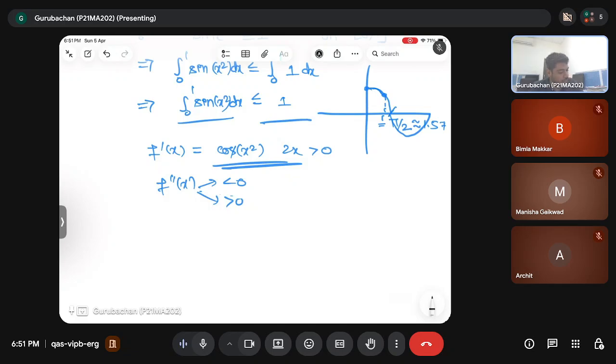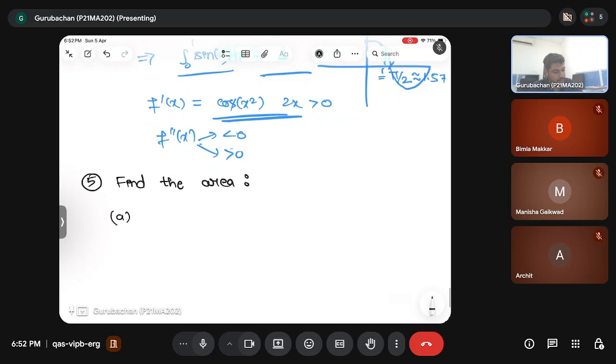So next is this. I have given you this as a homework question, but we will do it again. Find the area.